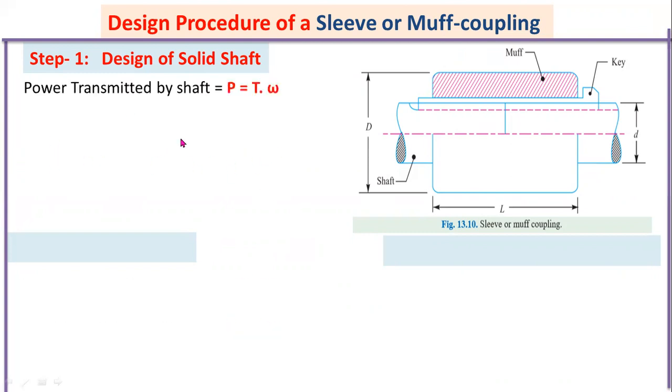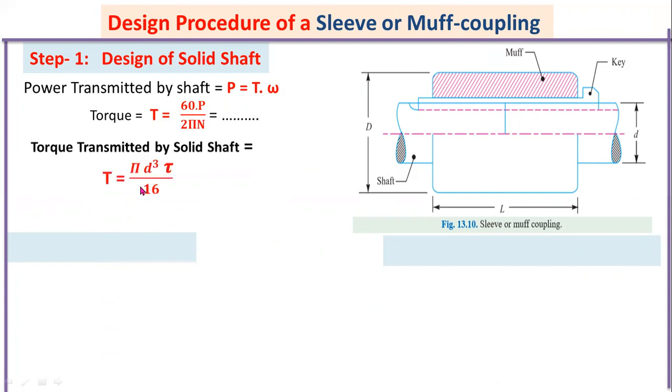So first of all, you have to use power transmitted by the shaft. Power P equal to torque into angular velocity. Torque T equal to 60 into P by 2 pi n. Here omega is the angular velocity, omega equal to 2 pi n by 60.